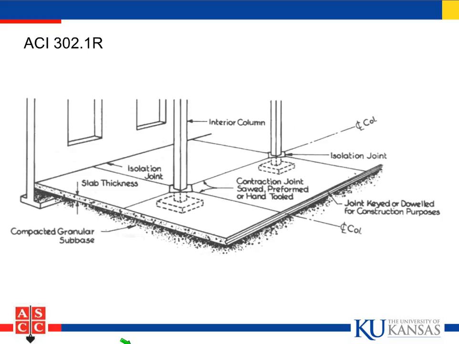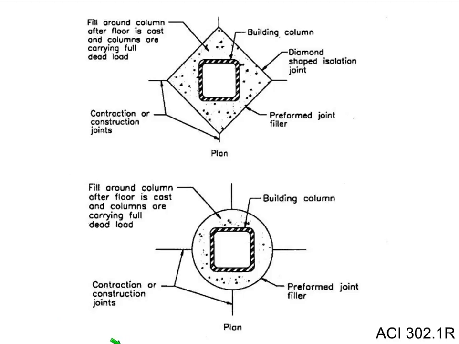So here's a nice little diagram from Committee 302, and we see this in a number of different ACI documents. We see how the layout works, and here's an example. Here we have an isolation joint. Now this is not a contraction joint. We put a soft material here. Notice in both cases that the joint is laid out so that there is a re-entrant corner, but it actually lines right up with the contraction joint.